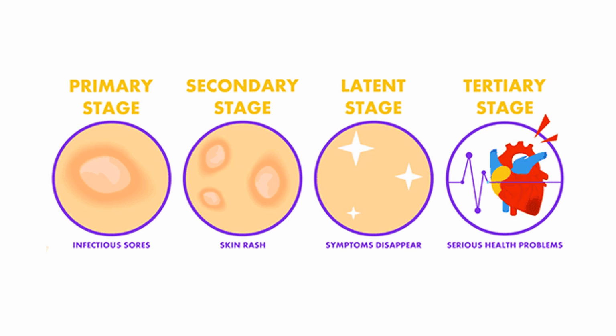In the latent stage, symptoms disappear, and this can be early, within the 12 months of infection, or late, which means after 12 months of infection. In the tertiary stage, serious health problems happen due to the involvement of the cardiovascular system and the CNS.